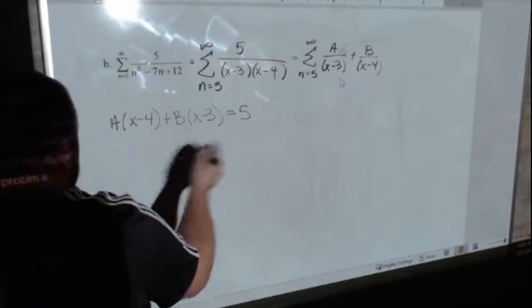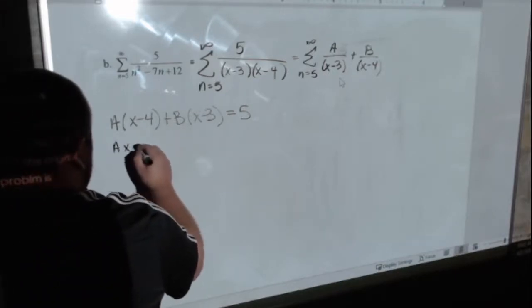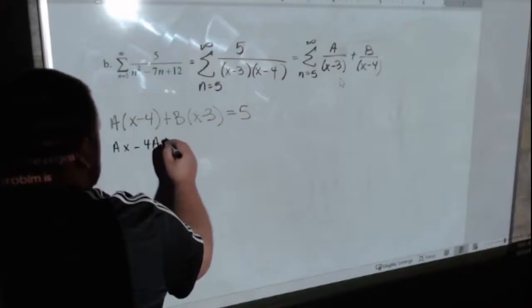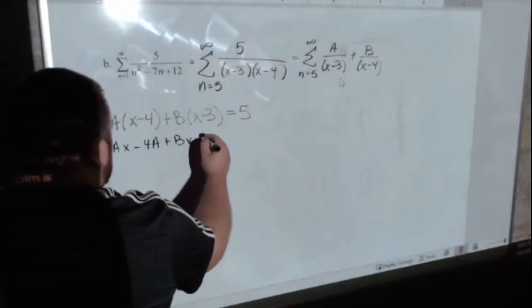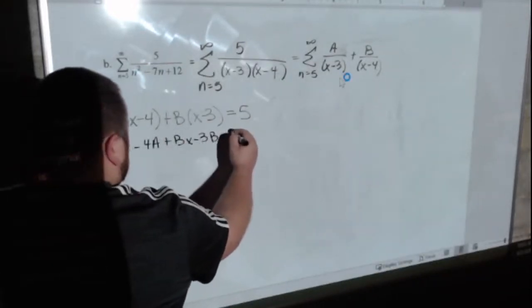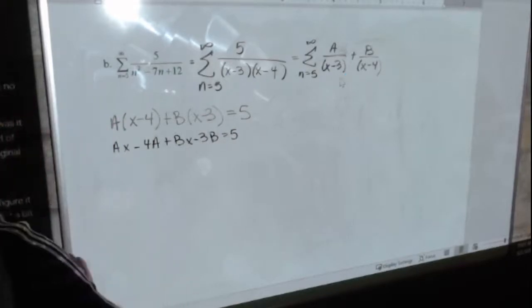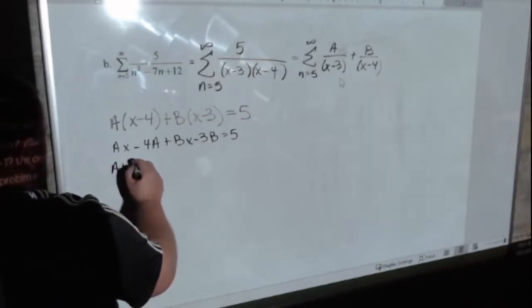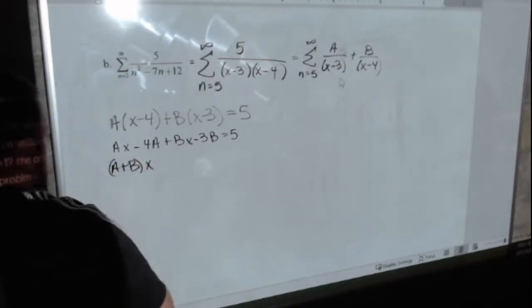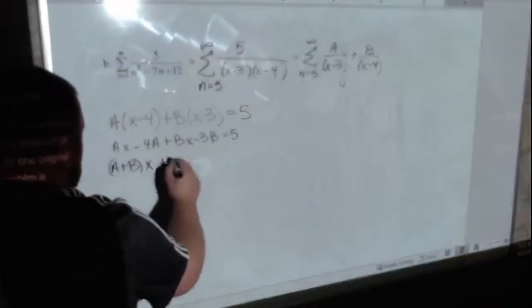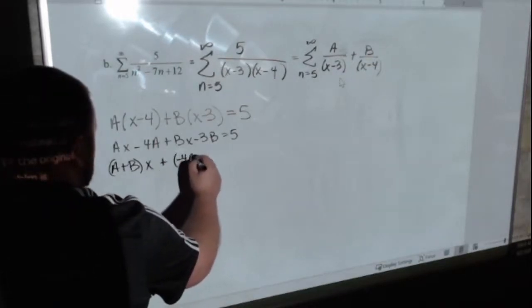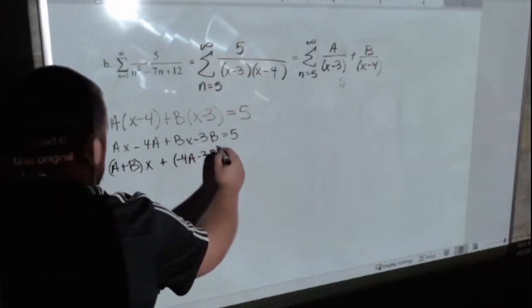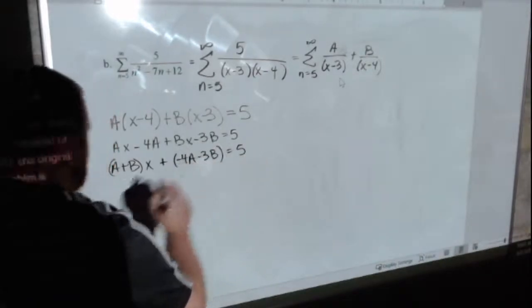So I'll multiply it all out this time, maybe that'll help. Then I'm going to add the x terms together. And add the constant terms.